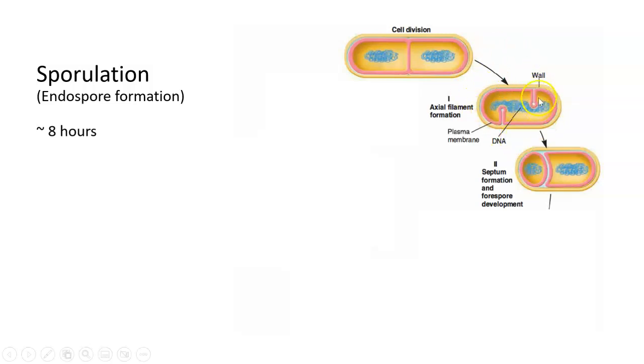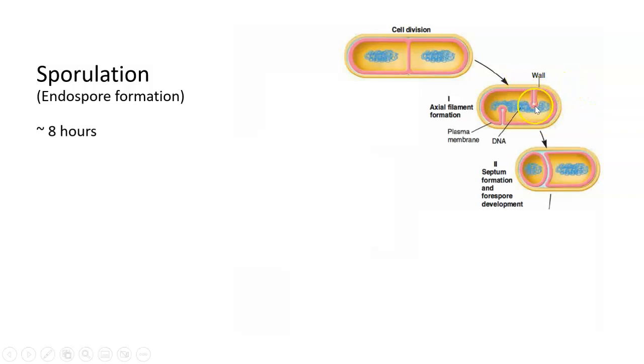So the first thing that has to happen is these axial filaments are going to form. And what an axial filament is, basically, is an invagination of the plasma membrane of the bacterial cell into the cytoplasm.